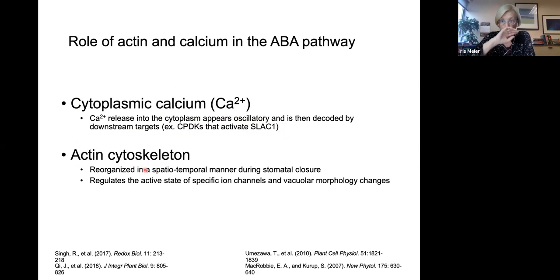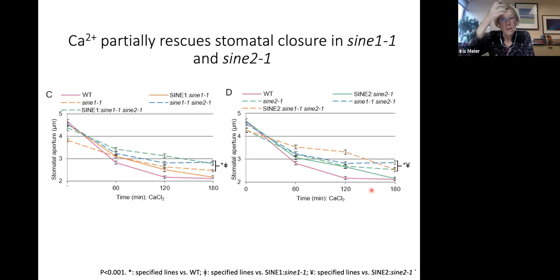And on the other hand, it's known that the actin cytoskeleton is reorganized in a spatiotemporal manner during closure. And it's also known, some indirect evidence, that the organization of the actin cytoskeleton feeds back on the activity of these ion channels. It also feeds back on the vacuolar morphology changes which accompany GARD cell closure. So all of this has been known from independent papers by a number of different groups, some of them mentioned down there. Okay, so we wanted to know how our mutants relate to all of this.